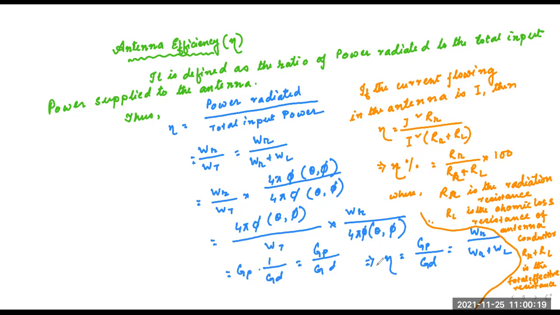And if the current is flowing in the antenna, the current expression of the efficiency is eta equals I square RR by I square (RR plus RL). So percentage of efficiency is RR by (RR plus RL) into 100, where RR is the radiation resistance and RL is the ohmic loss resistance of the antenna conductor. So RR plus RL is the total effective resistance of the antenna.